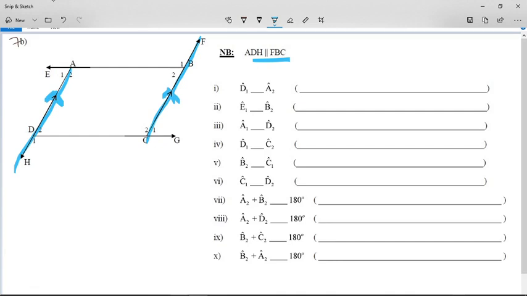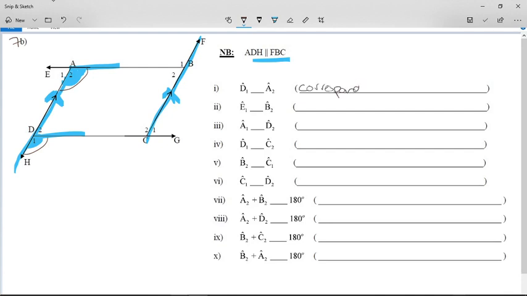Now it says to you D1. So first we must find D1. So here's D, there's D1. And it says D1, how is it related to A2? Well, if you look at D1 and A2, I can see an F over here. A2, D1, so we call F angles corresponding angles.